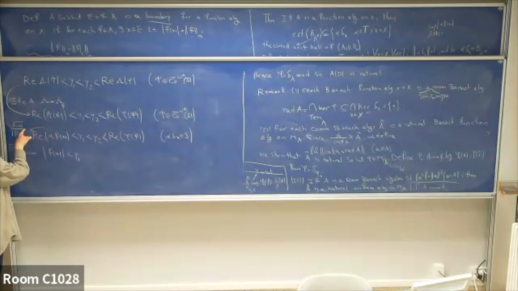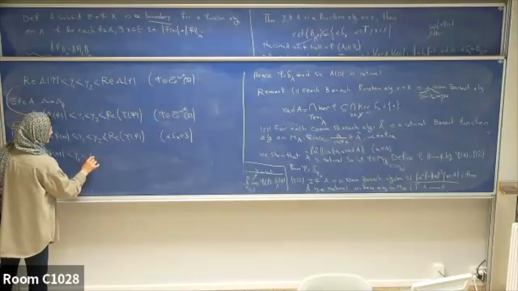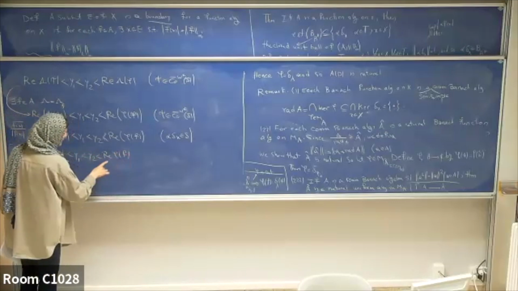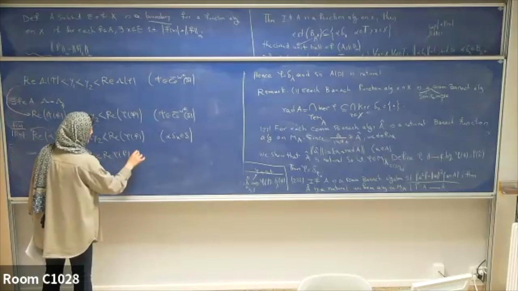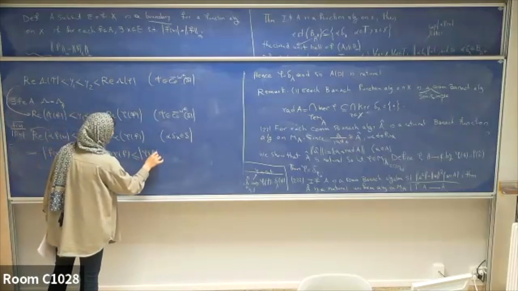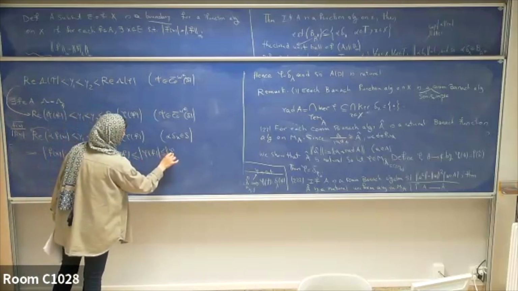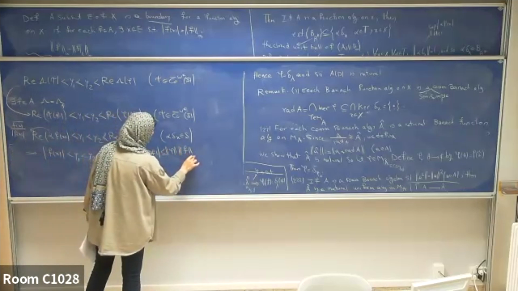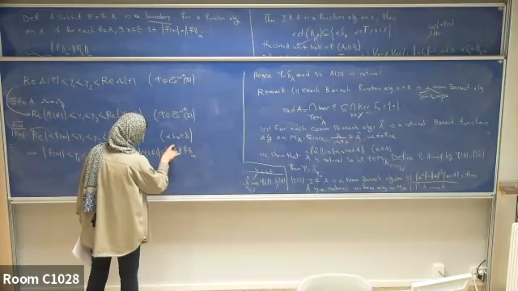And so this is an element in the unit circle, so there is no problem. Anyway, we can write the absolute value of f of x is at most the real part of phi of f. And we know that this is at most the absolute value of phi of f, and this is at most the supremum norm of f. We know that this is 1.